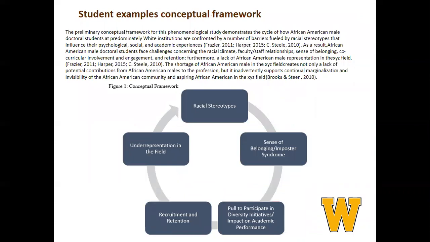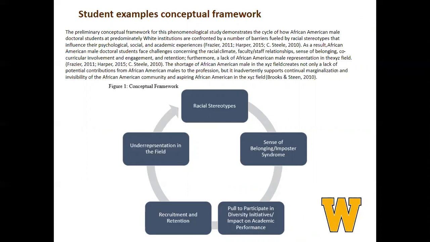I've also given you a couple of student examples. So this first one is a preliminary conceptual framework for a phenomenological study that demonstrates the cycle of how African American male doctoral students at a predominantly white institution are confronted by a number of barriers fueled by these racial stereotypes that influence the psychological, social, and academic experiences.